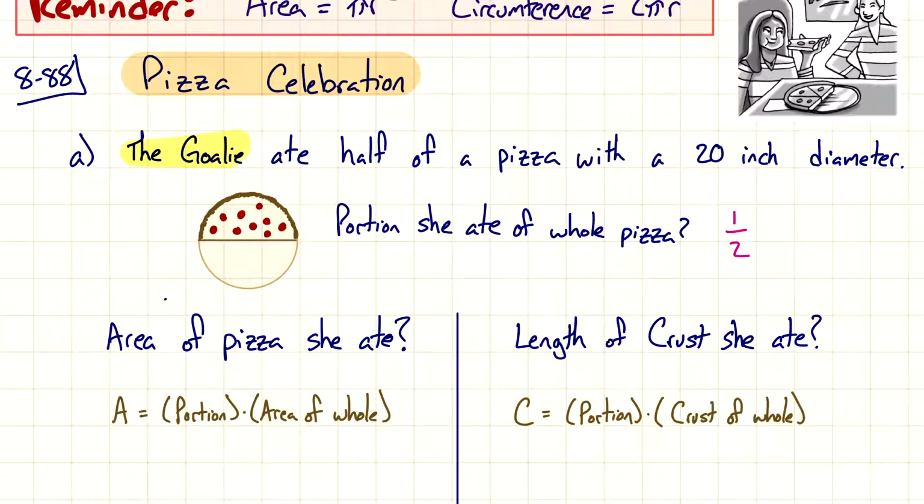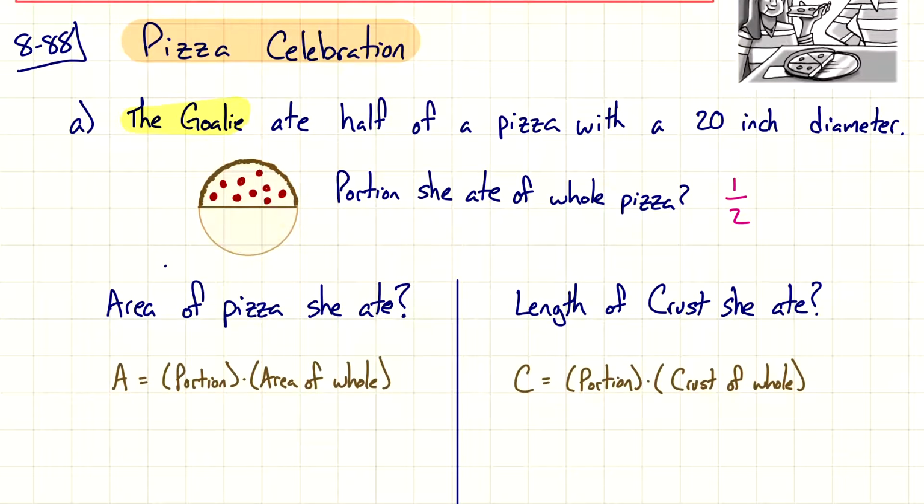So how can we calculate that? Well, if we want to know just the piece that she ate, then we could find the area of the whole pizza, right? Because that's what we started with. And if we multiply that by the portion that she ate, in this case 1/2, then that should give us only the area that she ate.